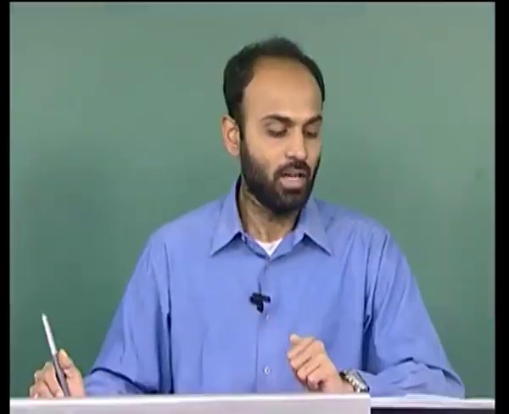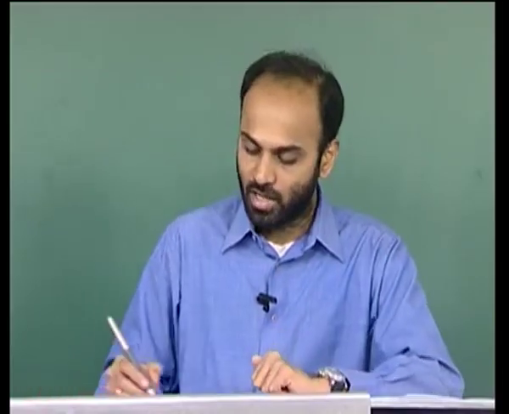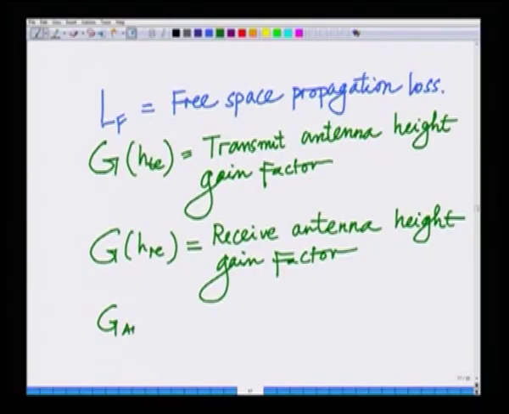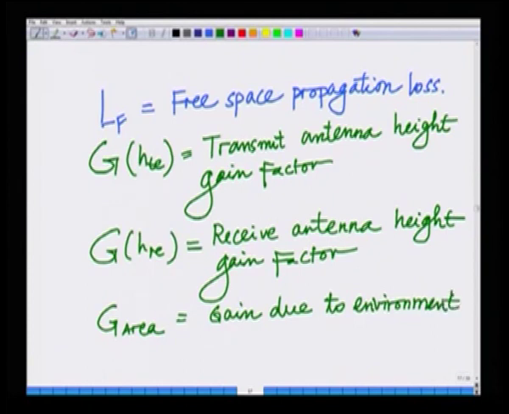So, as the height increases, these gains increase, which means these subtract from the path loss, therefore, the effective net path loss decreases. Essentially, that is what this means. And G area is the gain due to the environment.